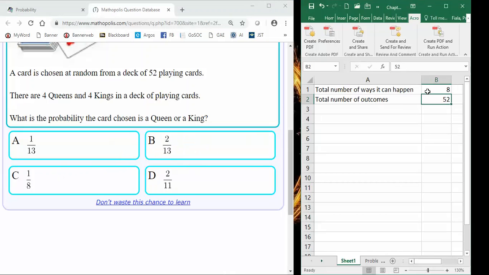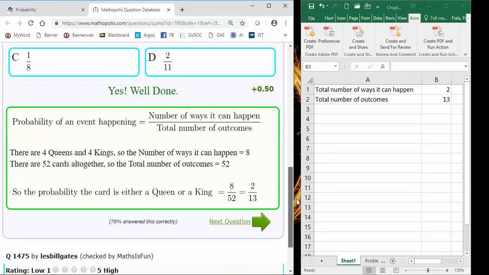So let's divide 8 by 4, that's 2, and 52 by 4, that's 13, correct? So my fraction is 2/13, which there is a choice right here. So there are four queens, four kings, so 8 ways it can happen, 52 outcomes. They did 8/52 divided by 4, and then they got 2/13.